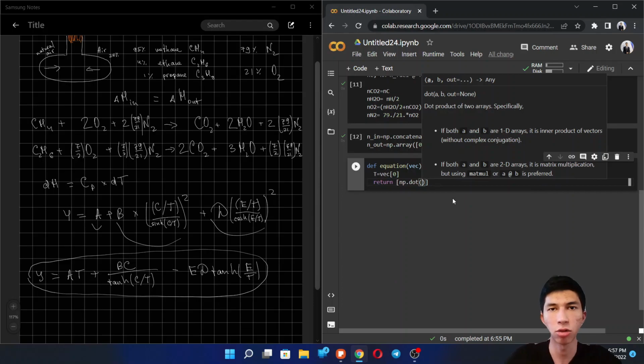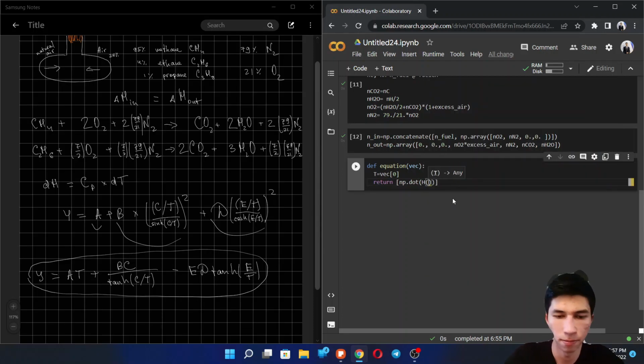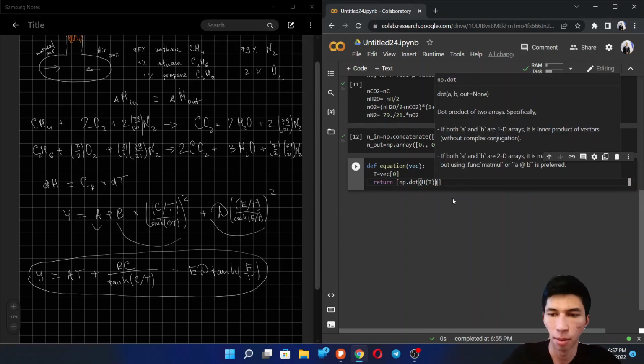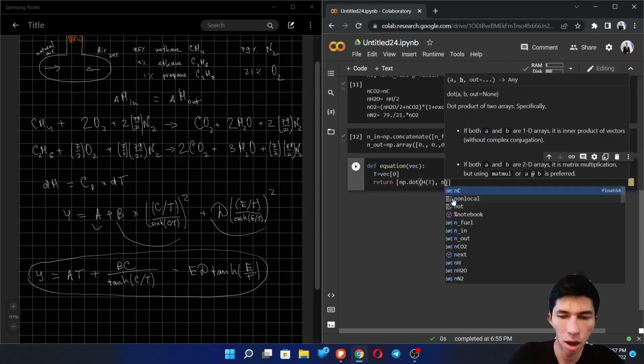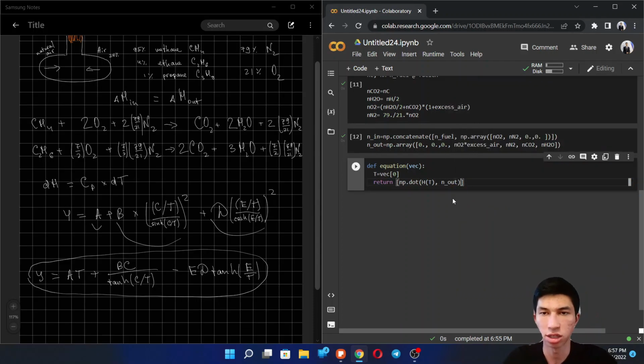So we need to calculate the enthalpy and find the dot product of it with the amount of compounds. So we're gonna have the enthalpy function taking T, multiplied by the amount of compounds that are going out. So this is going to be the first part of our equation.